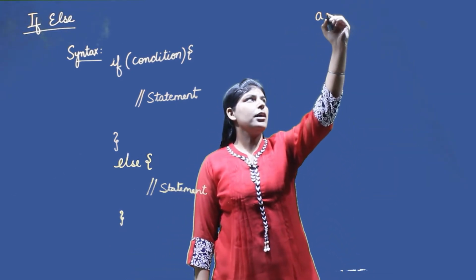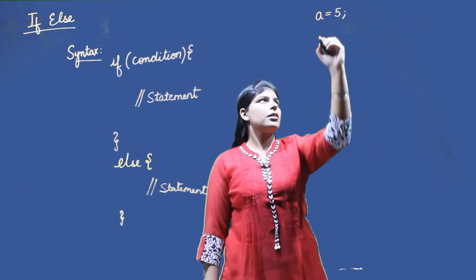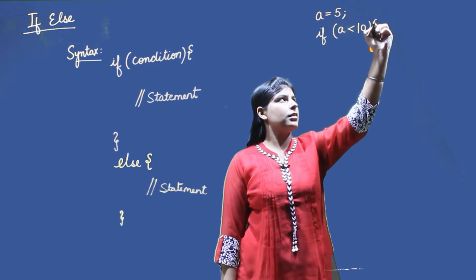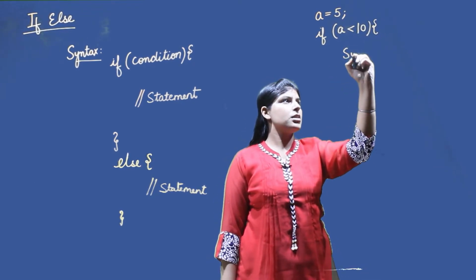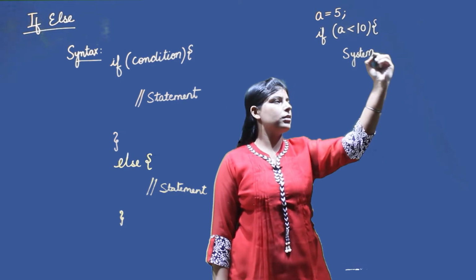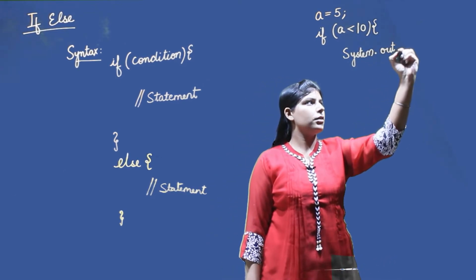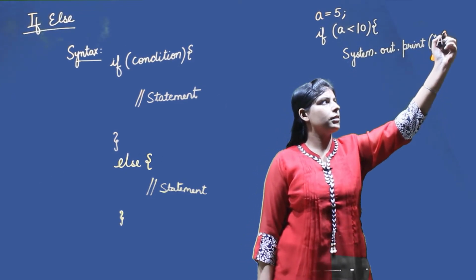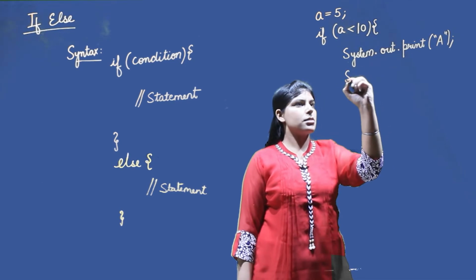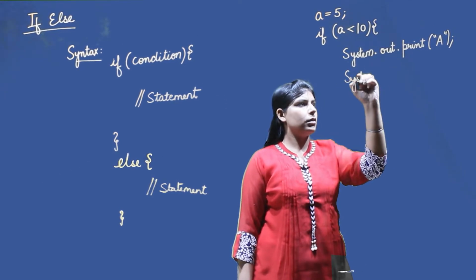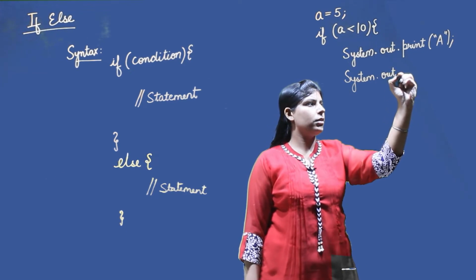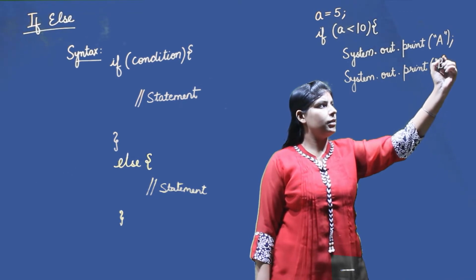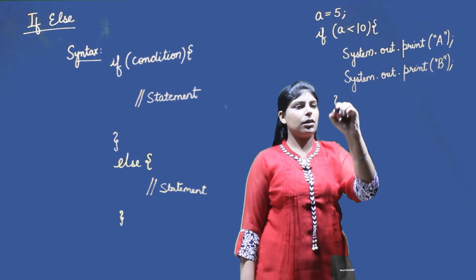Let's see an example. Suppose I have a variable a whose value is 5. If a less than 10, then I'll start the if block, System.out.print(a), System.out.print(b), and close the if block.